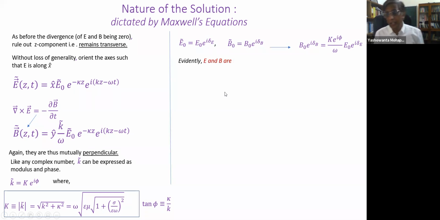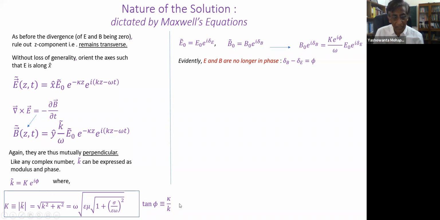So evidently E and B are no longer in phase. That was an important thing. In a non-lossy medium, E and B were transverse, E and B were perpendicular, E and B were perfectly in phase. When E was maximizing, B was maximizing, and they would minimize and cross each other at the zero point. Now that no longer is true, and there is a phase difference which is given by this phi.